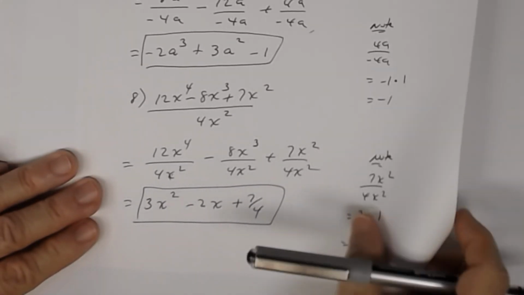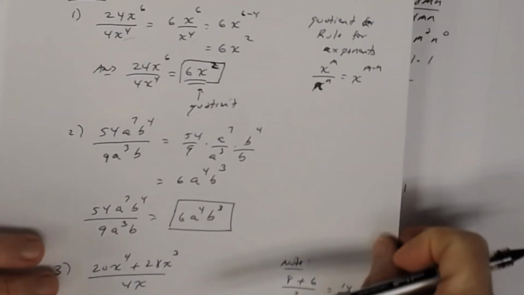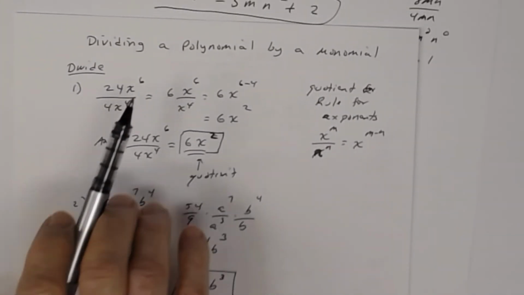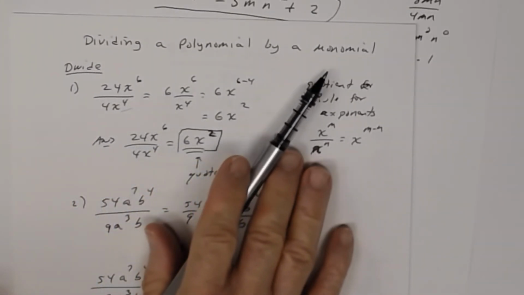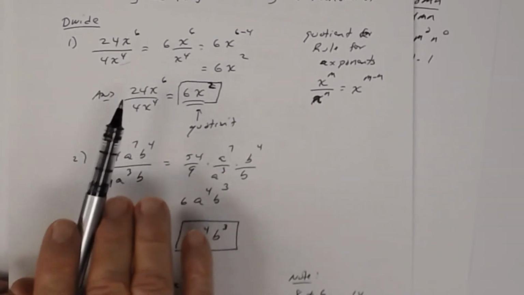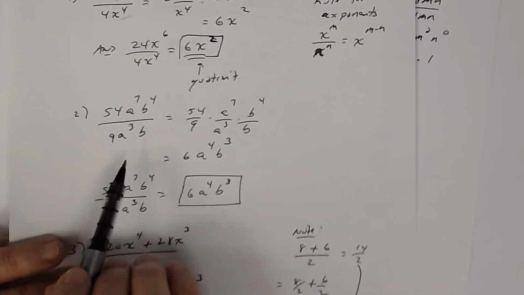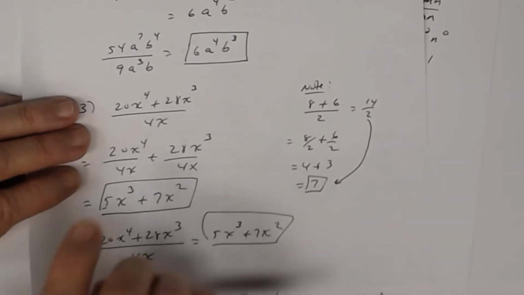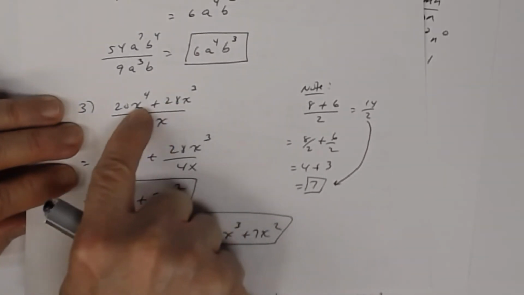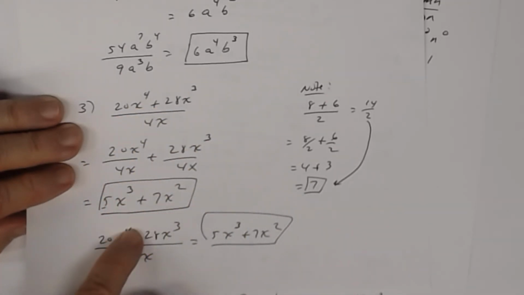Now, what we did here was we talked about dividing a polynomial by a monomial. Remember, when you're dividing and your denominator is a monomial, especially when the numerator has two or more terms, you're going to write them as separate fractions, and then you're going to reduce.